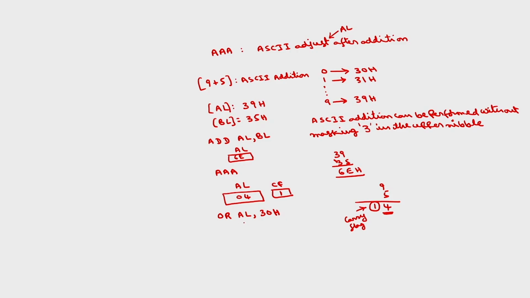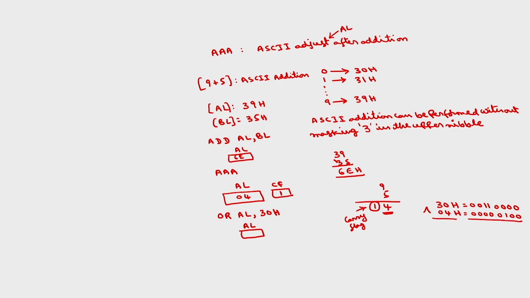So after this AL will become, if we OR 30H and 04H, you are ORing this. So this will be 0011 0000, and 4 will be 0000 0100.